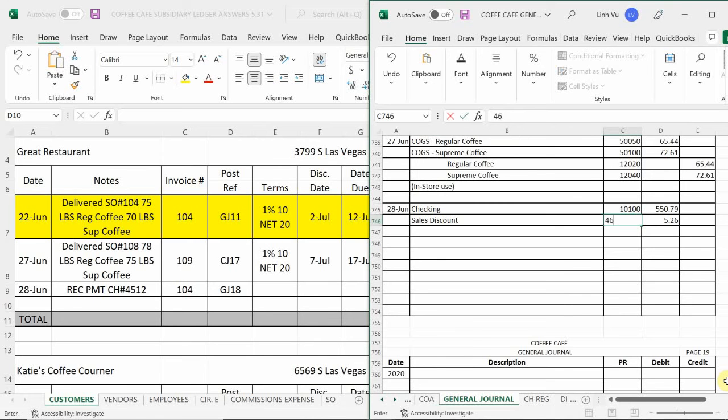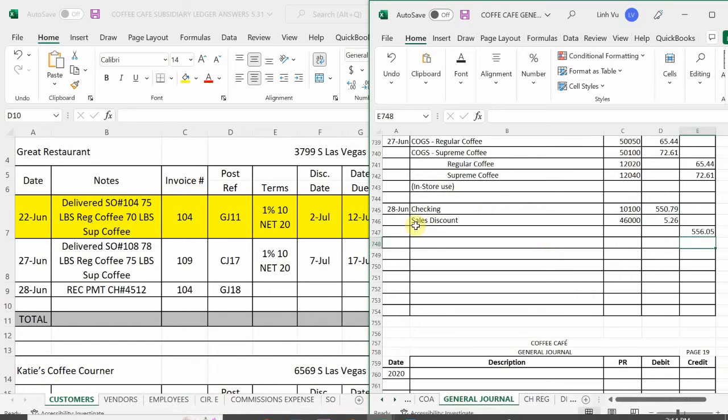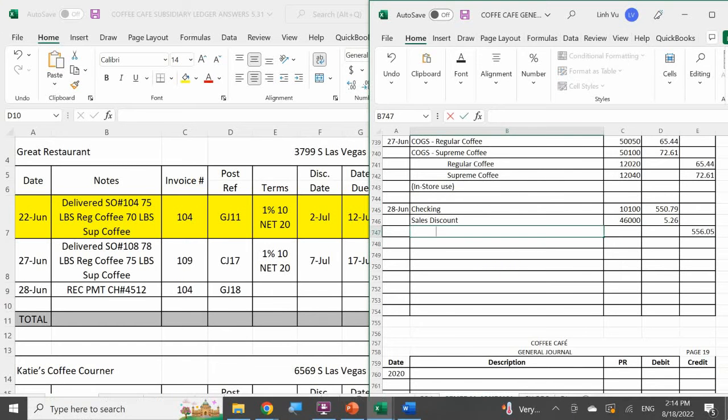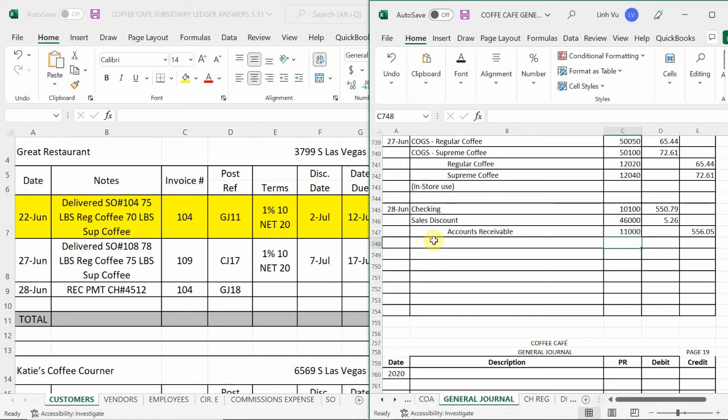Yes. And then we are reducing accounts receivable in credit for 556.05. Right, because we're going to reduce the amount that they owe. So the debit and credit even out.